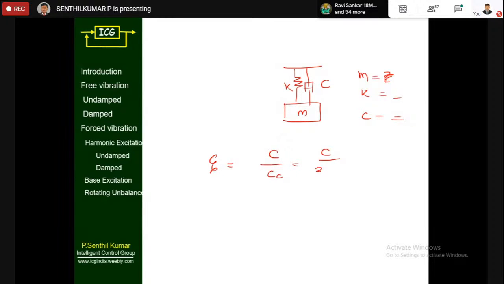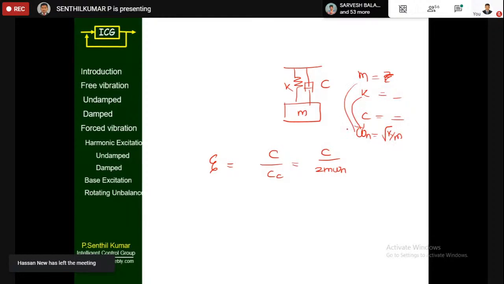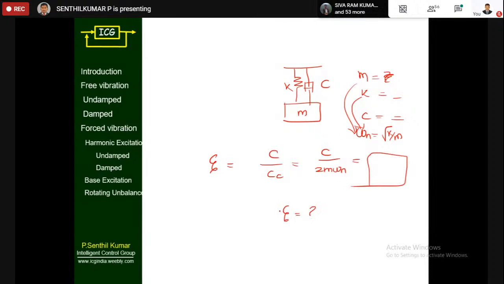What is Cc? 2m omega n. How do you find omega n? Square root of k by m. K known, m known. Substitute and you will get eta. So very simple. Then you can say whether the system is under damped, over damped, or critical damped.